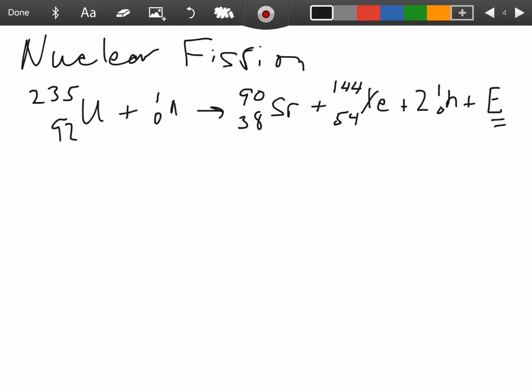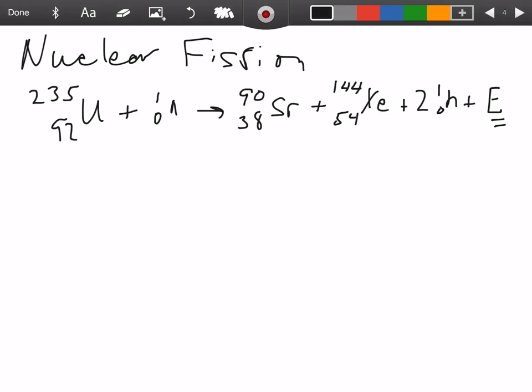Recognize, however, that you are producing two more neutrons. If you have only one uranium-235 atom here, then that's kind of the end of it, and those two extra neutrons just go floating out into space. But imagine if you had quite a number of uranium atoms around.